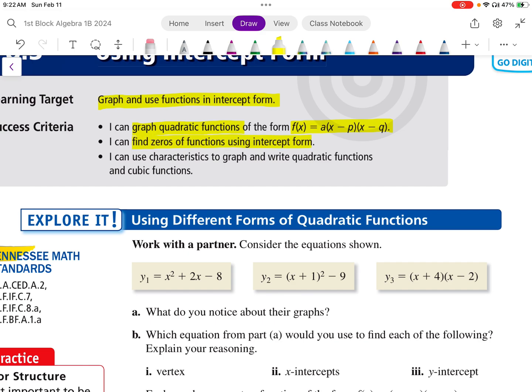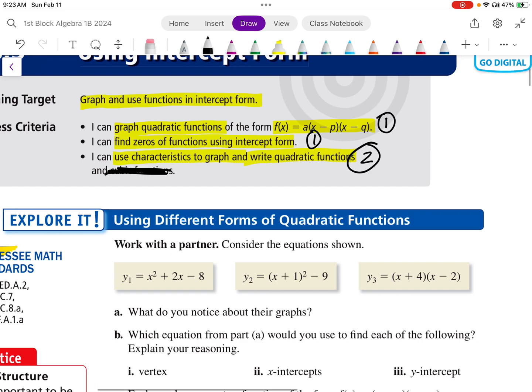And then use characteristics to graph and write quadratic equations, not cubic functions. We don't do those. So, graphing and finding the zeros we'll be doing on day 1. Graphing and writing using characteristics you'll be doing on day 2. So this lesson will cover today and tomorrow.